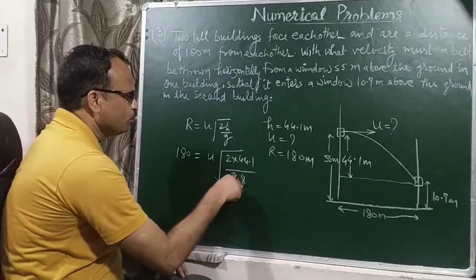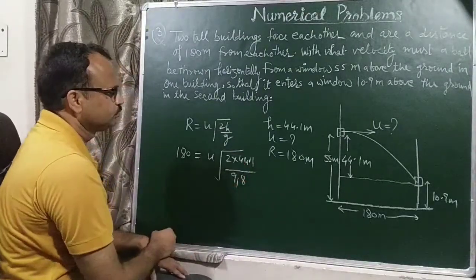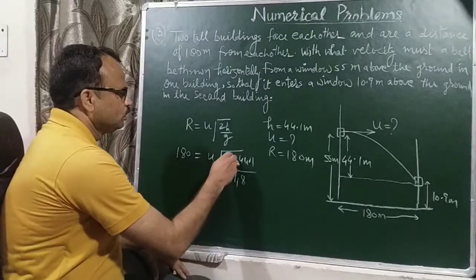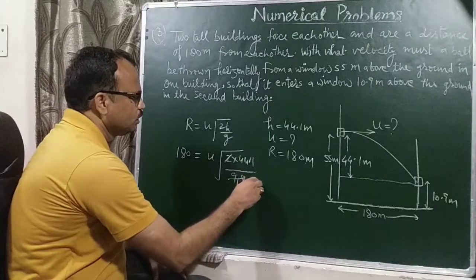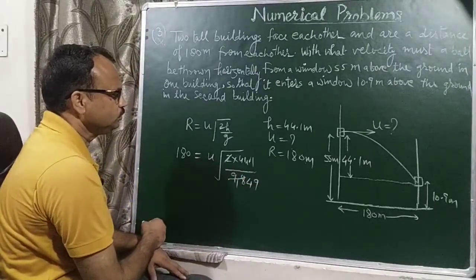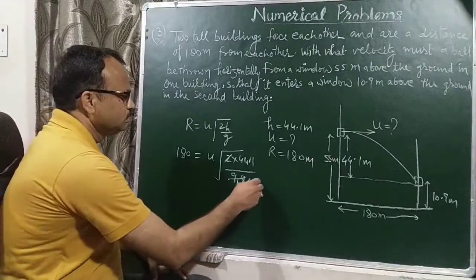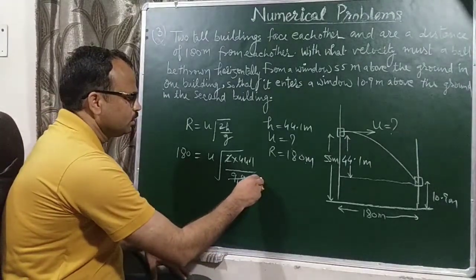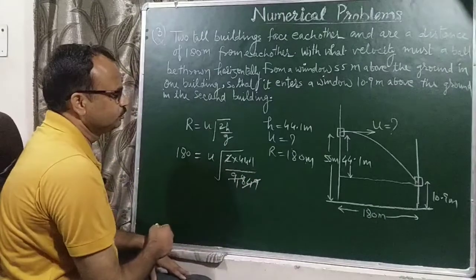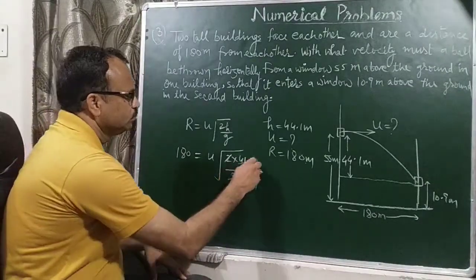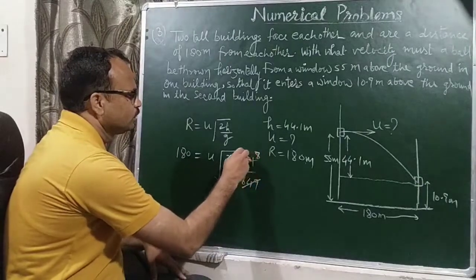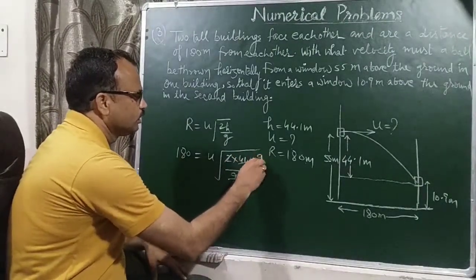Okay, this point to point cancel. So 2 cancel, 49 and 49, 9s are, sorry, 9.